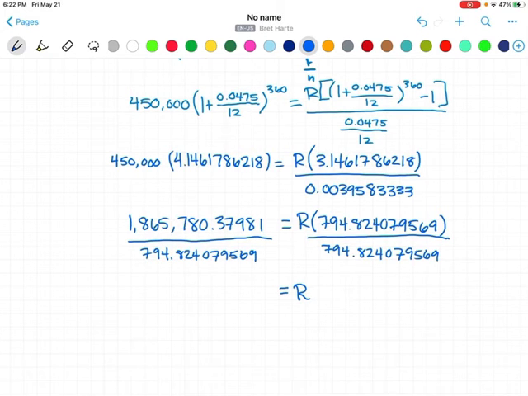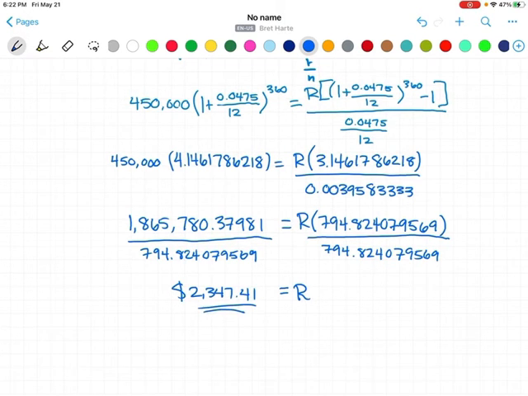Oops, I calculated that wrong. Let me try that again. There it is, and I got $2,347.41. Boom. That's the monthly payment for Armando.